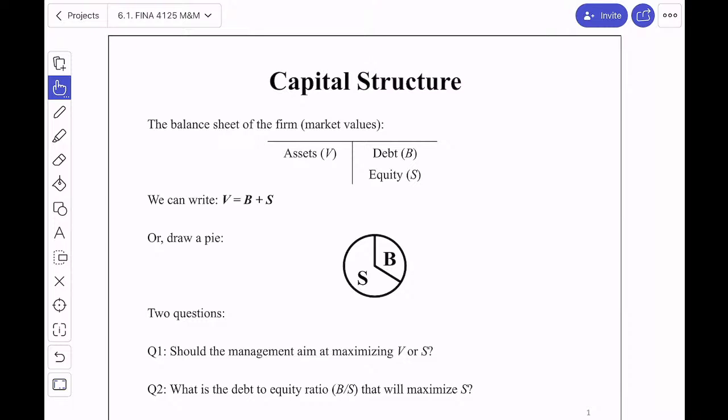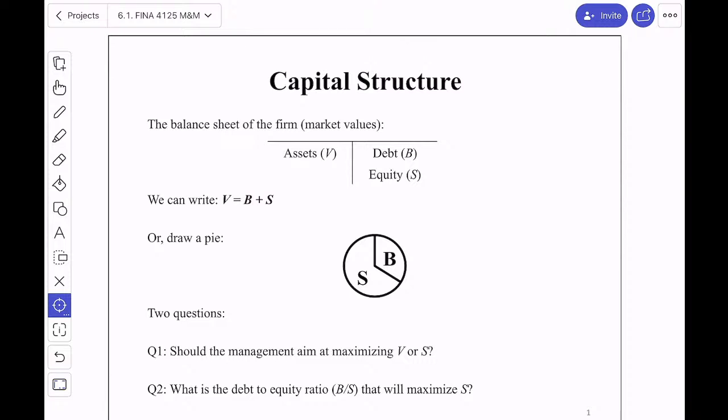is what is the optimal capital structure for the firm. So first, let's remember that the value of the firm, the value of its assets, is equivalent to what it owes.